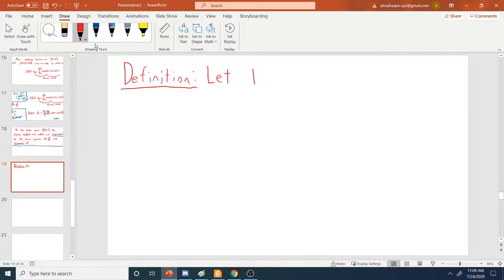Let L be a linear operator from a vector space V to itself.